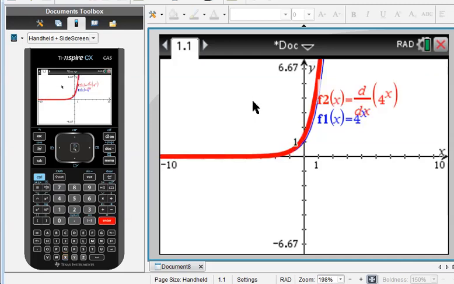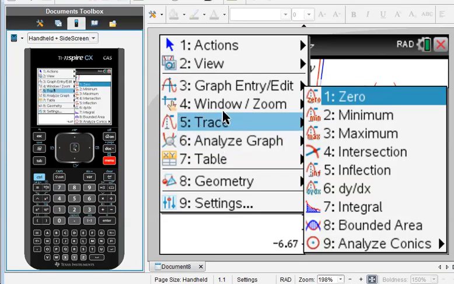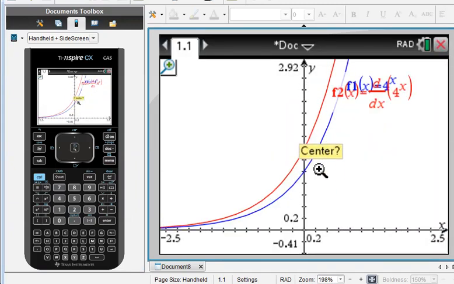And there we go. Our original exponential is going to be the blue, and the red is going to be the derivative function. Since I want to compare them a little bit, I think I might want to zoom in just a tad and see if I can see anything. So there are the two.